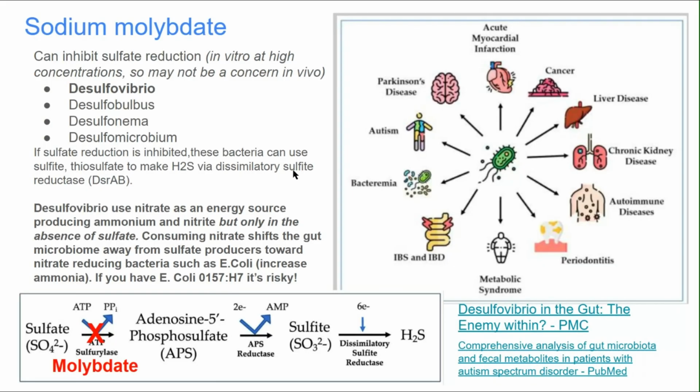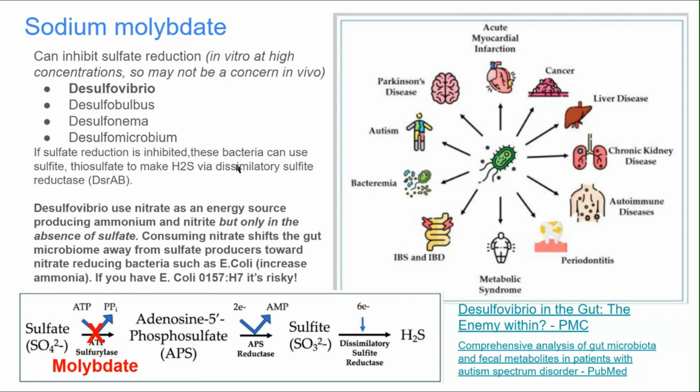So this slide is about sodium molybdate. They have found in in vitro studies, meaning it's not done in a live model, it's just a cell study, that sodium molybdate can inhibit sulfate reduction in the sulfur-producing bacteria that are listed here.